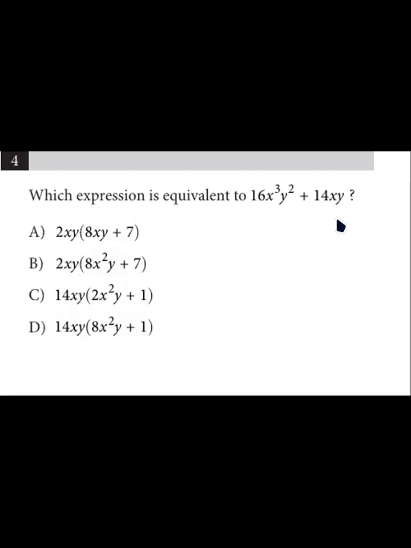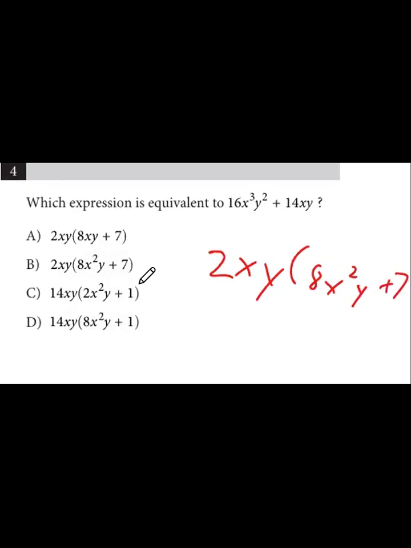Well, we can just simplify out the common factor, which would just be what? 13 and 16 is divisible by 2. And both of these have xy, so we have 2xy. And then got what? 8x squared y. And then we'd have plus 7. So the correct answer is B.